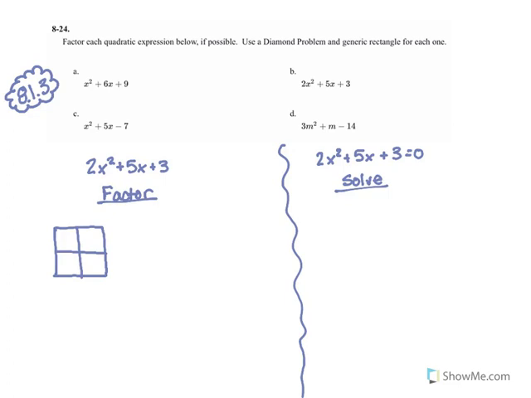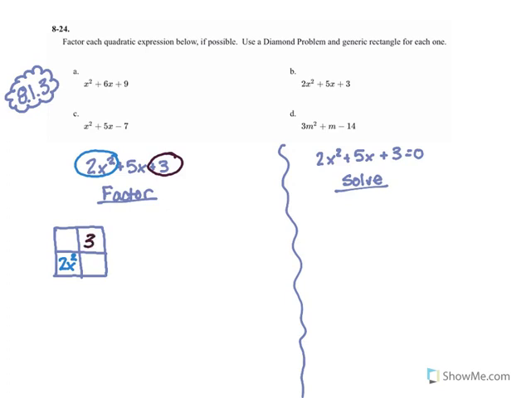Now in this bottom left-hand corner, we're going to put our first term. So this first term goes in the bottom left box, so 2x squared. In the top right box, let me change colors really quick. We're going to put 3, which is our last term.